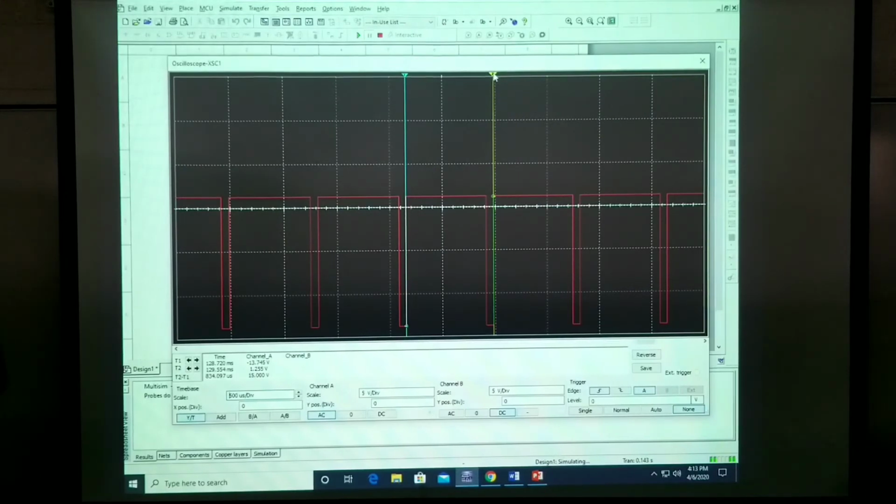And it gives us a duty cycle of almost 92%.